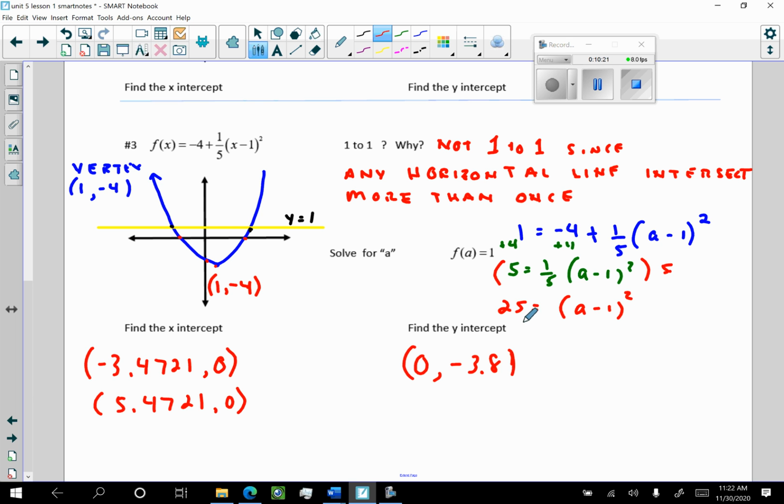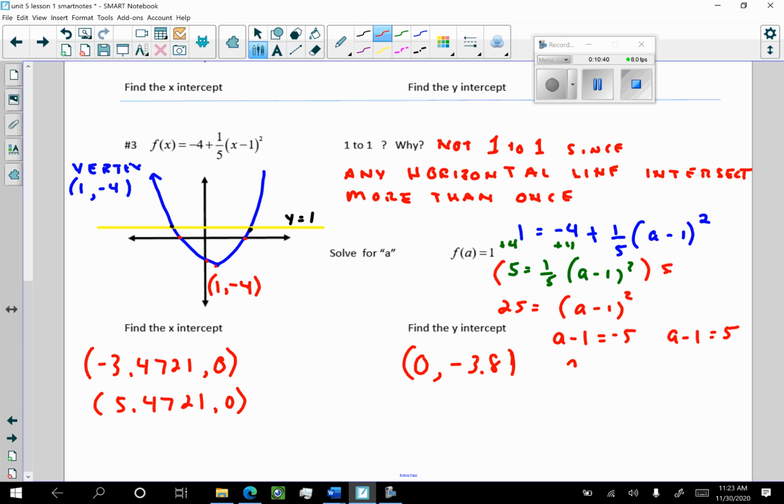That tells me, what squared is 25? Negative 5 and positive 5. So a minus 1 can be negative 5, or a minus 1 can be positive 5, because negative 5 squared is 25 and 5 squared is 25.